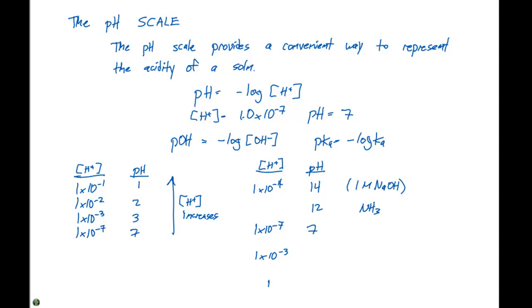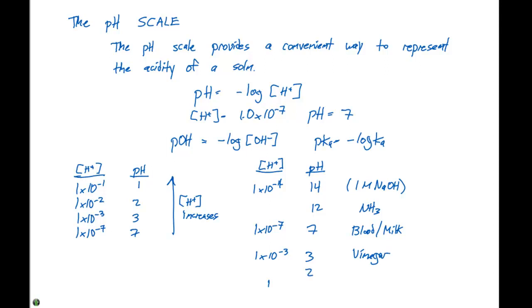If we have a pH of 7, okay, we can look at various liquids like blood or maybe milk. They're not going to be exactly equal, but they're going to be very, very close to 7. A pH of around 3 would be something like vinegar, which is acetic acid.